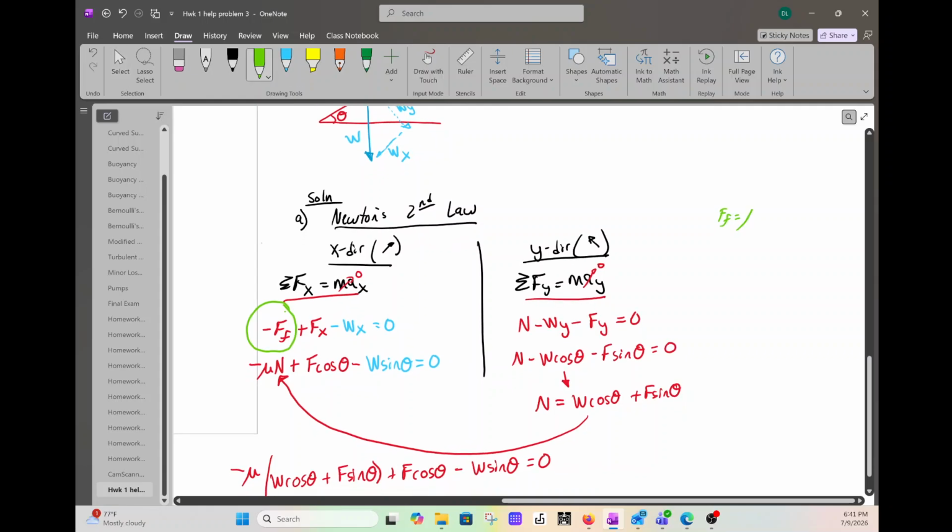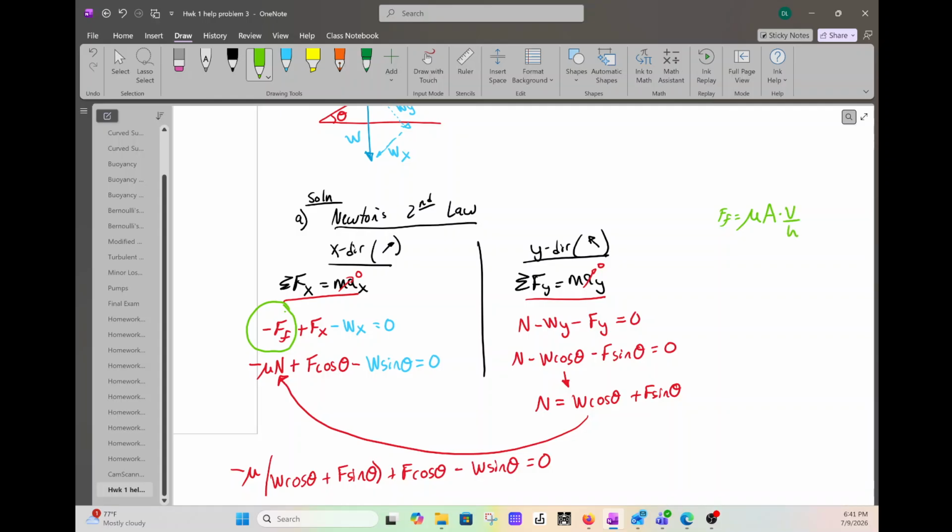It would be mu, your dynamic viscosity, times the area times V over H. And you have all of these. So F actually becomes easier to solve because there's no normal force in there. Because the friction force is this now. There's no normal force reaction. So you can pretty much use the x direction and solve for F.